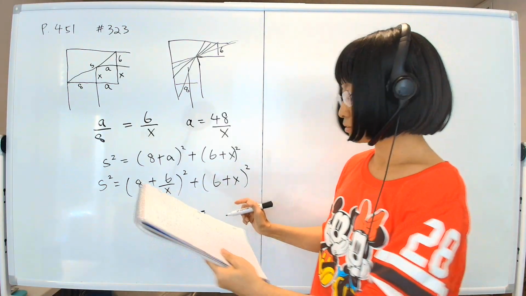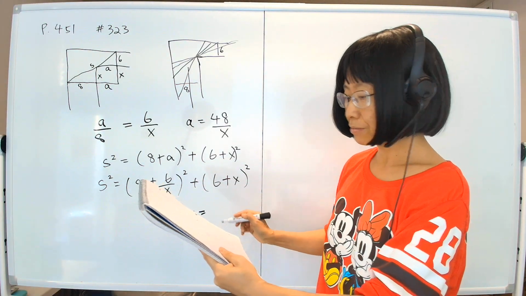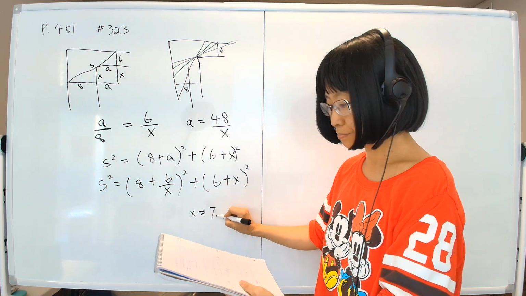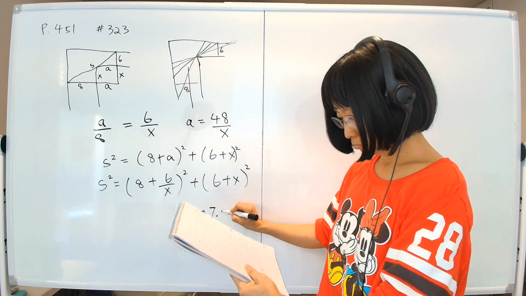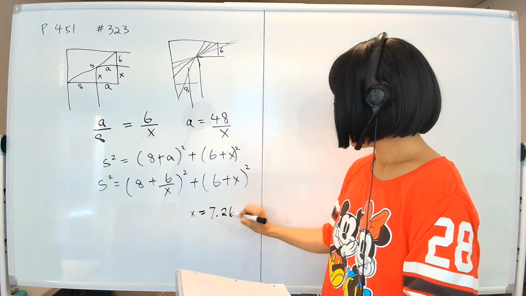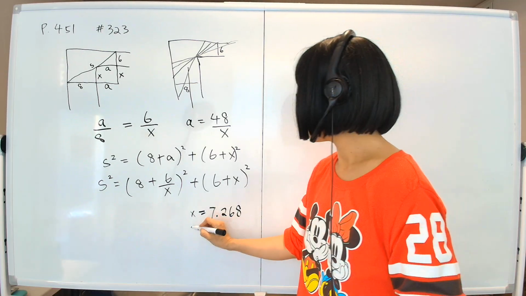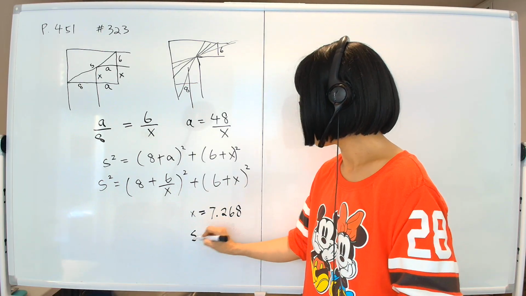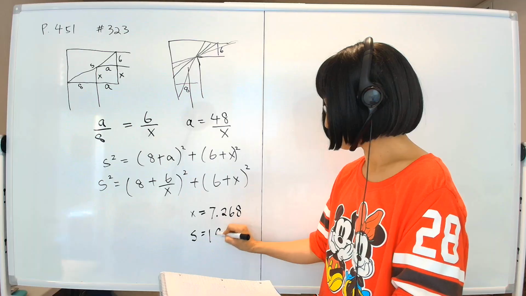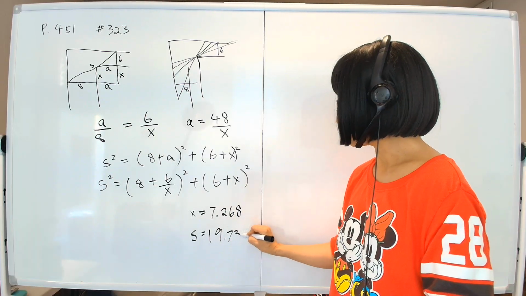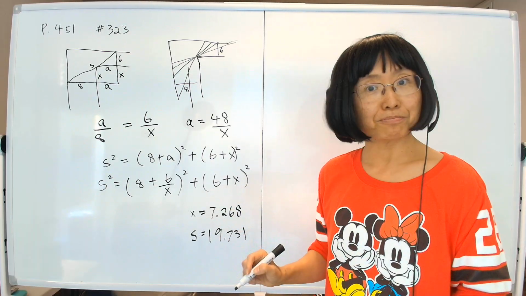So the root I came up with is x equal to 7.268. And then s, if you plug all that in, equals 19.731. Okay, after much struggling.